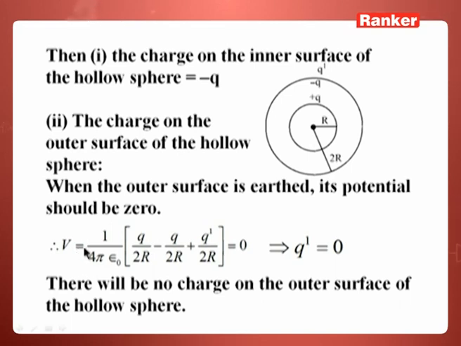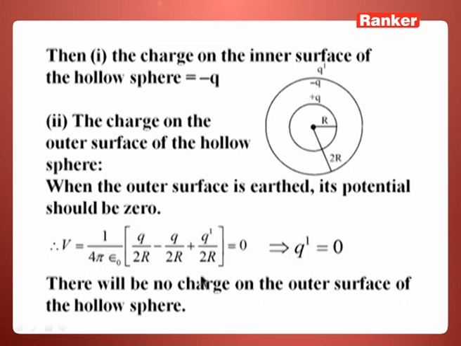V is equal to 1 by 4 pi epsilon naught into Q by 2r, that is due to the charge plus Q, minus Q by 2r, that is due to the charge on the inner surface of the outer sphere, minus Q, plus Q dash by 2r, that is the charge on the outer surface of the bigger sphere.